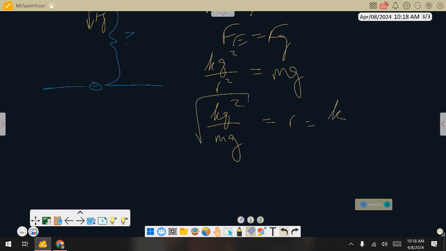Plugging my numbers in, here's k. What is the charge of an electron? 1.6 times 10 to the negative 19th. And remember that if you know that, you are welcome to write out negative e in that particular case.